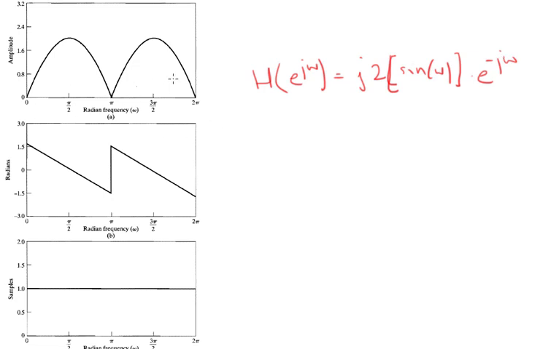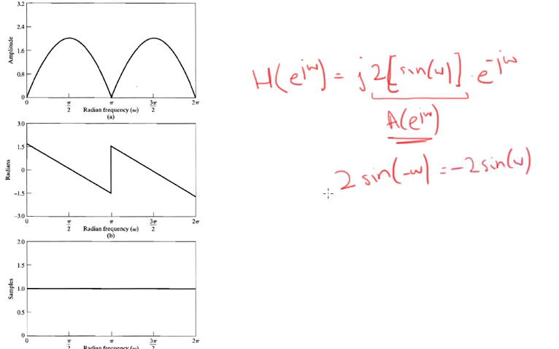So here you can see that it is a band pass filter. Moreover, here A of e raised to power j omega is an odd function. That is, sine of minus omega is equal to minus sine omega, so this is an odd function.